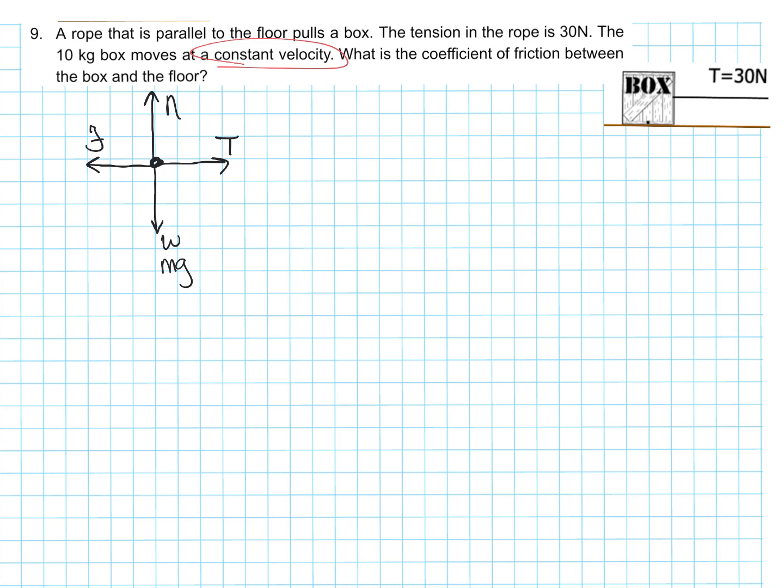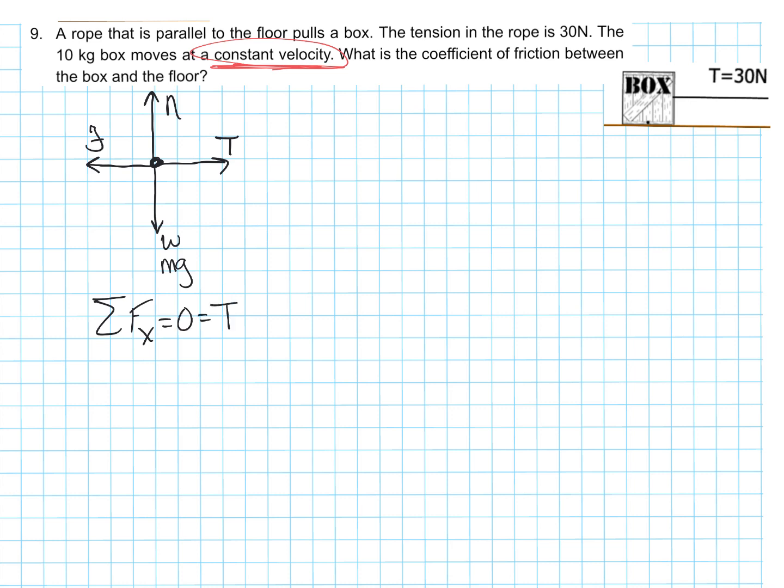Next step, let's sum up the forces in the x and y directions. All right, I'll sum up the forces in the x direction. That's going to be equal to either 0 or mass times acceleration, which is the net force. So it's one of those two. In this case, it's moving at a constant velocity up here. So because it's moving at a constant velocity, I know it's going to be 0.